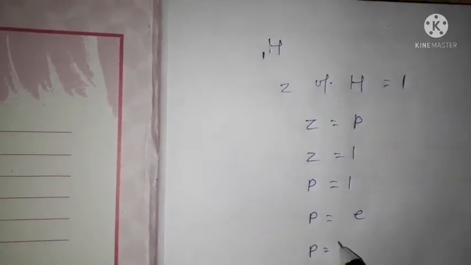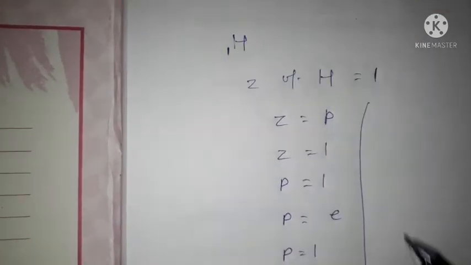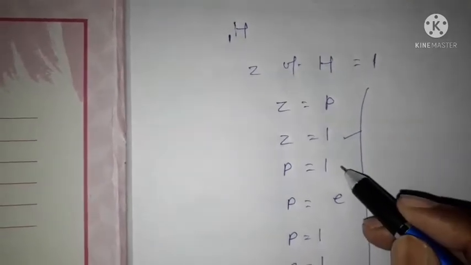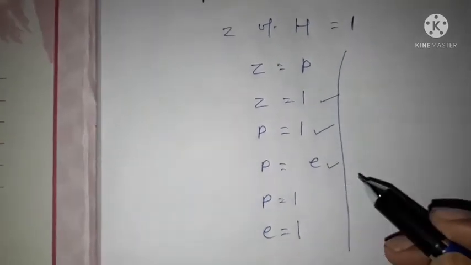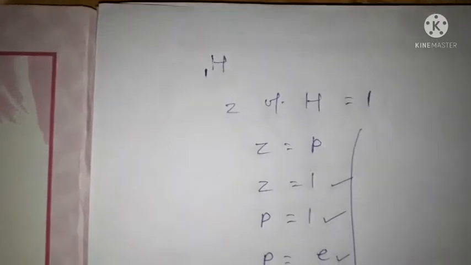If the number of protons is 1, as we know the number of protons is equal to the number of electrons, then the number of electrons is also 1. In this way, we derive Z, E and P. Z means atomic number, P means number of protons, and E means number of electrons present in any element.